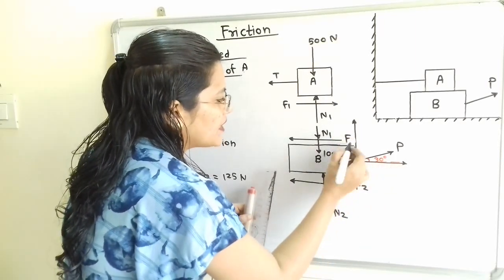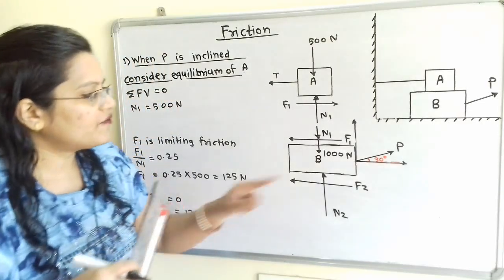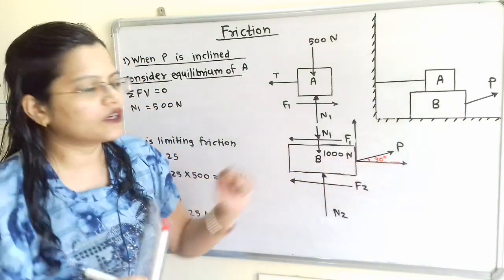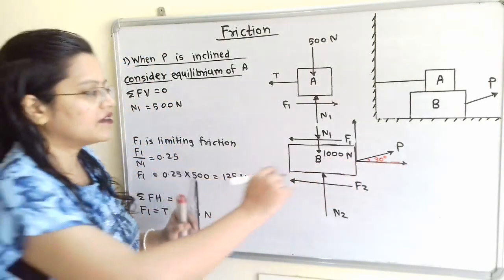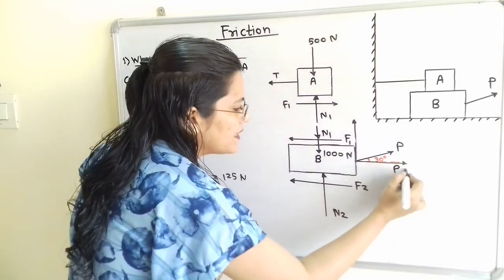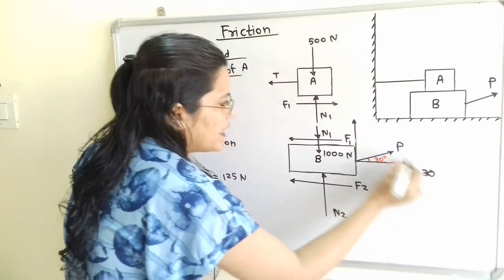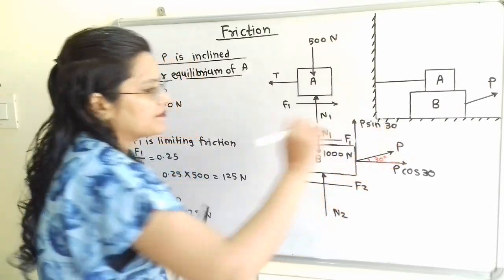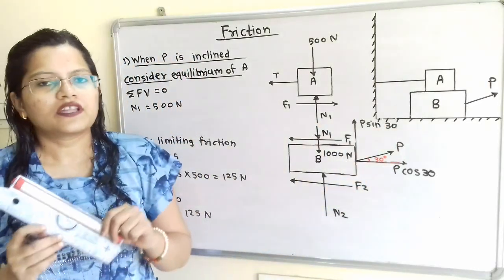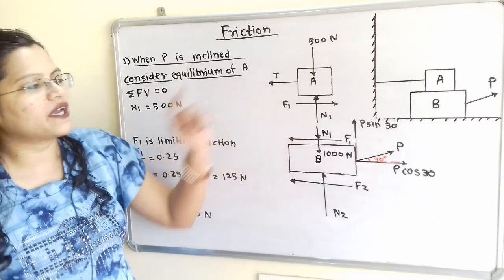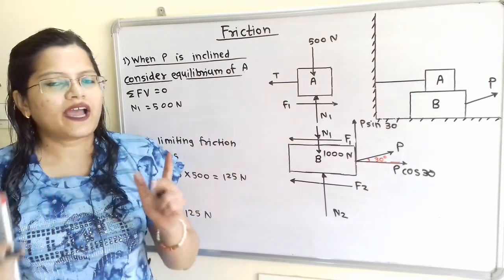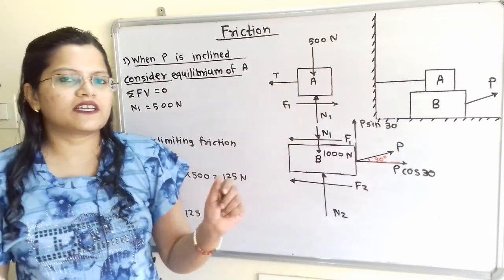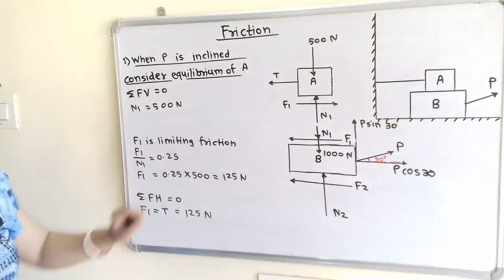Now how to define its value? If we observe, this horizontal component is adjacent to the angle of 30 degrees. So its value is P cos 30, and the vertical component is P sin 30. Now we will move to the equilibrium of block A. As we have solved in the earlier case, the same steps we have to follow.